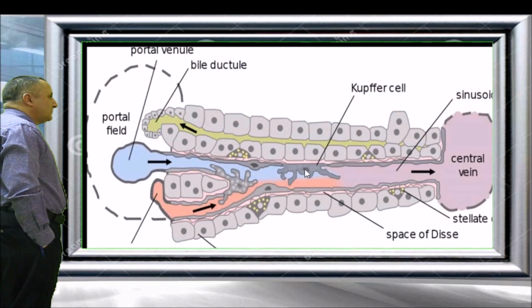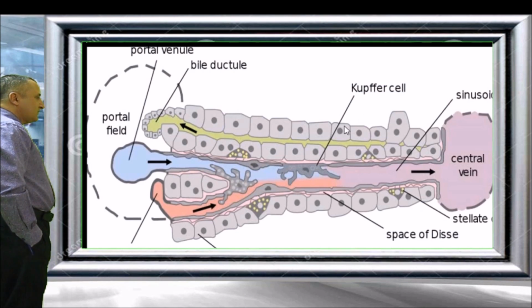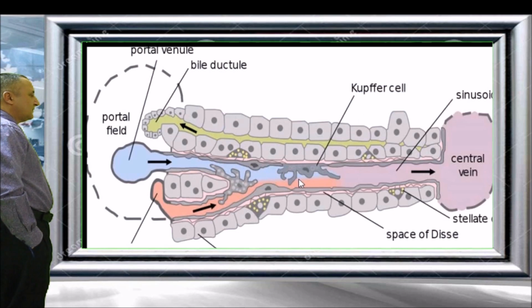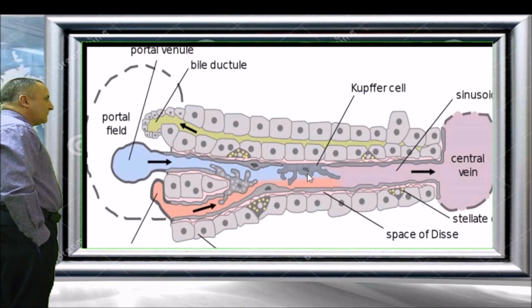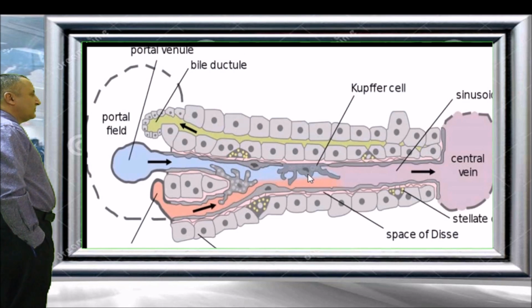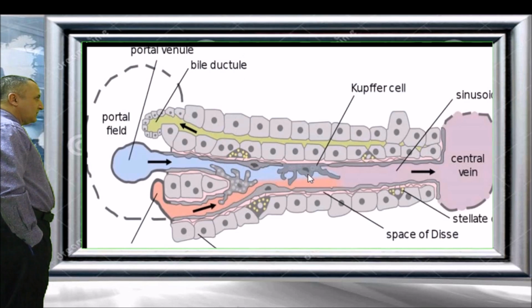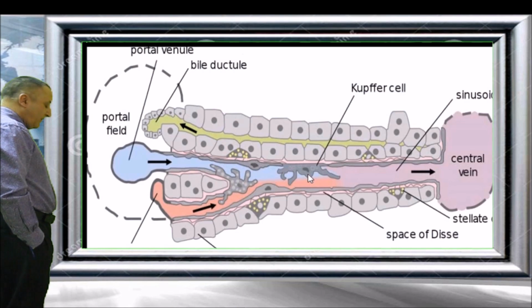As I said, this sinusoidal lining has the Kupffer cells, and these Kupffer cells are hepatic macrophages derived from blood monocytes. They lie within the sinusoidal lumen attached to the endothelial surface.